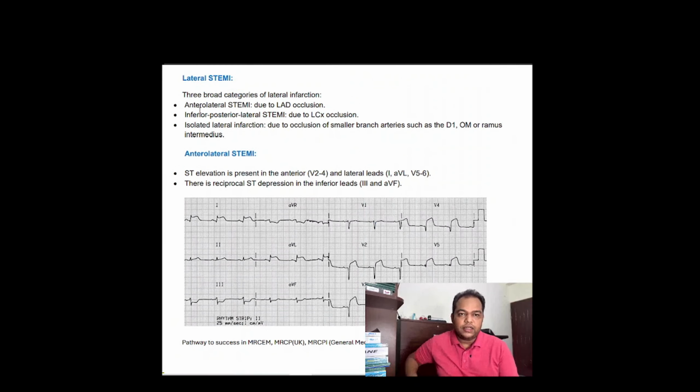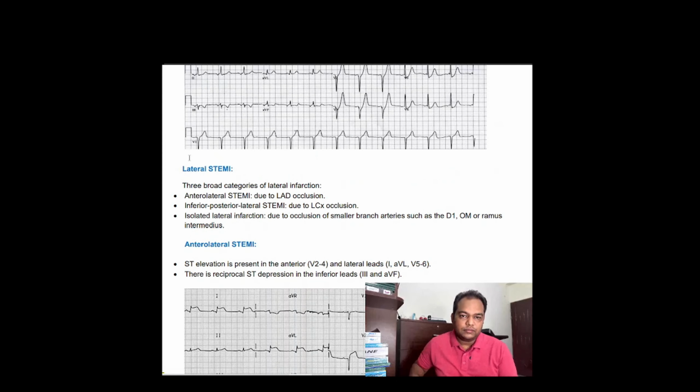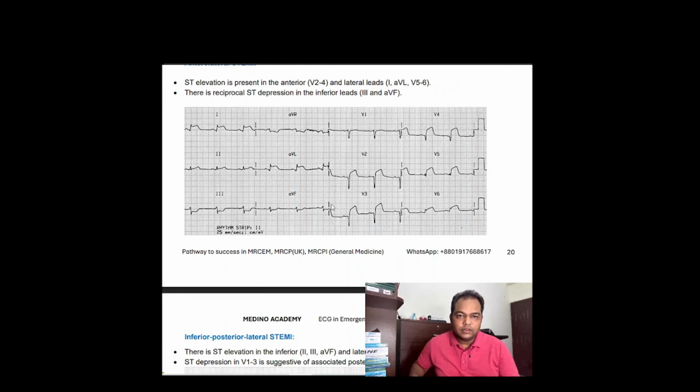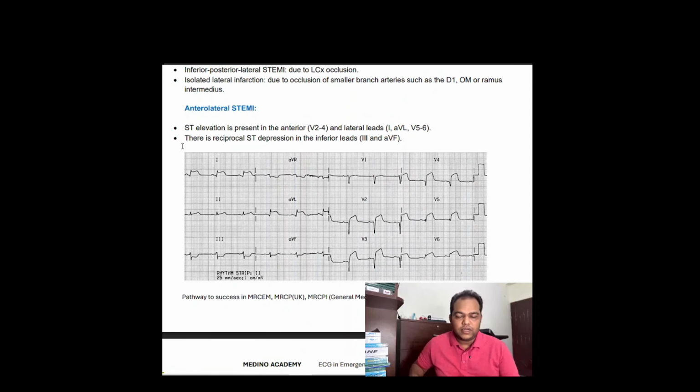Now the lateral MI. This is the anterolateral MI. That means there is ST elevation in the V2, V3, V4, V5, and also V6. So this is anterolateral.